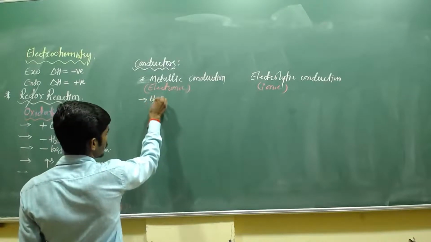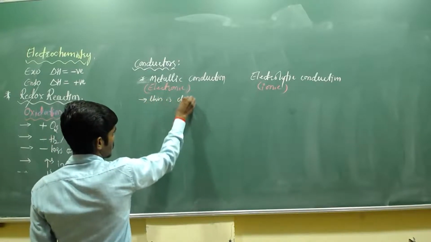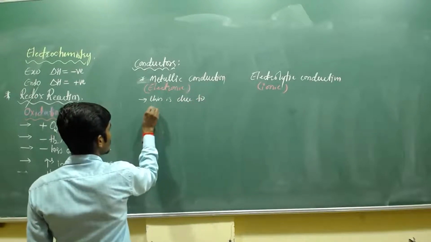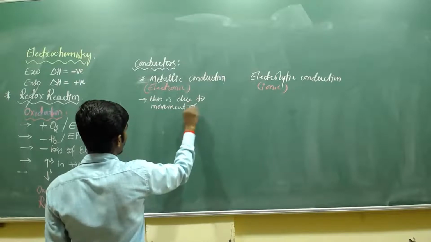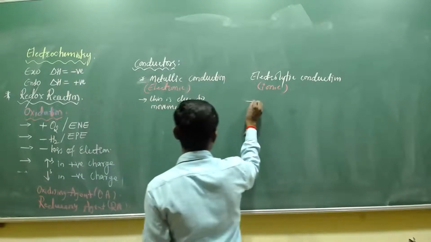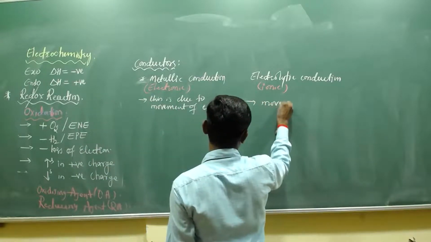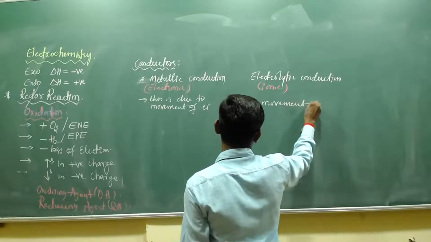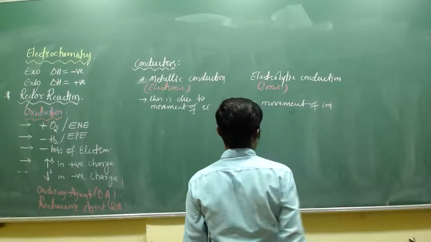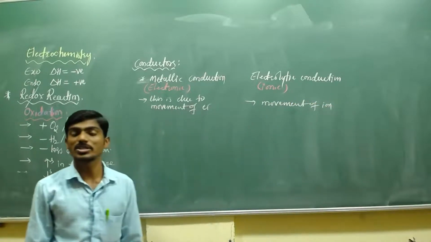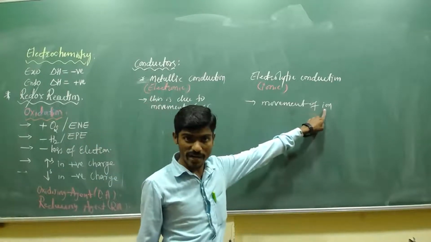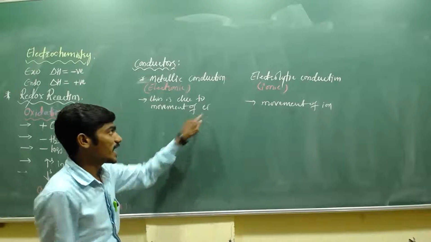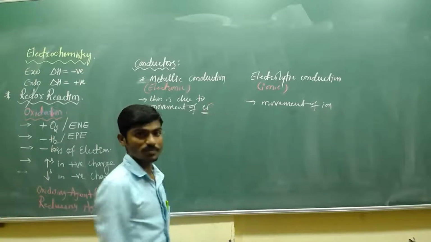Whereas electrolytic conduction is due to the movement of ions. That means ions are the carriers of current, whereas in metallic conduction electrons are the carriers of current.